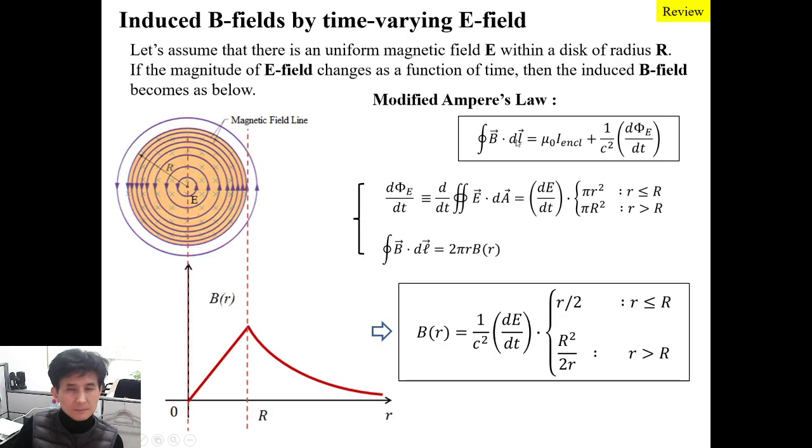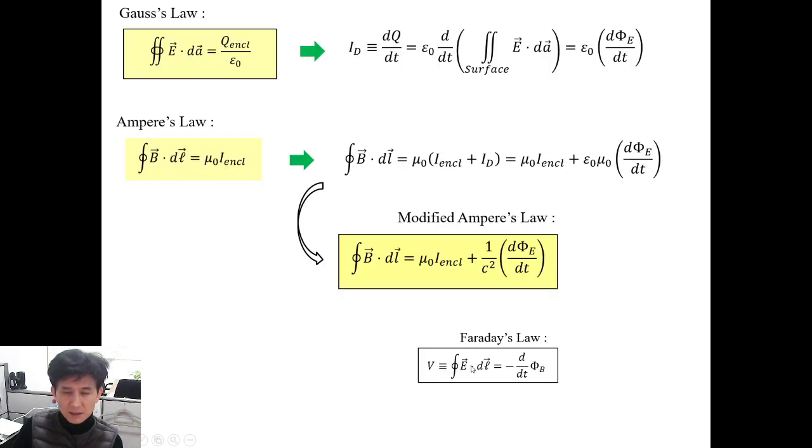So the modified Ampere's law states that if there is a time variation of the electric field, it generates a magnetic field. It is the opposite of Faraday's law. If there is a change of magnetic field, it generates an electric field.